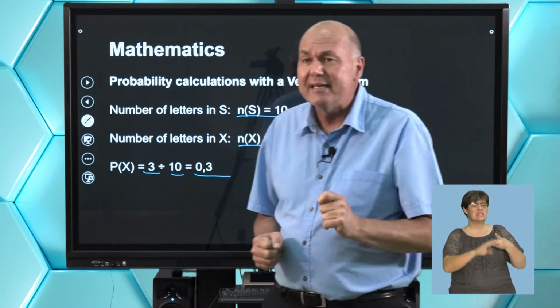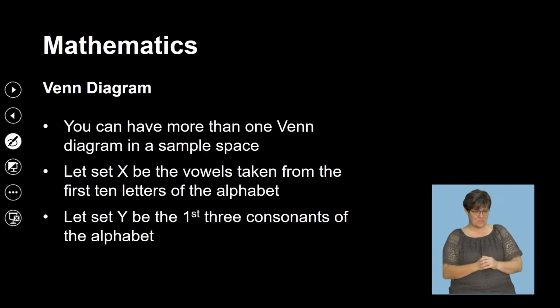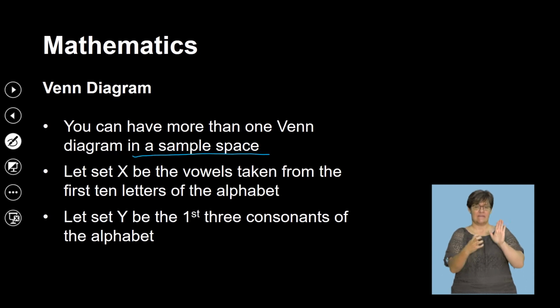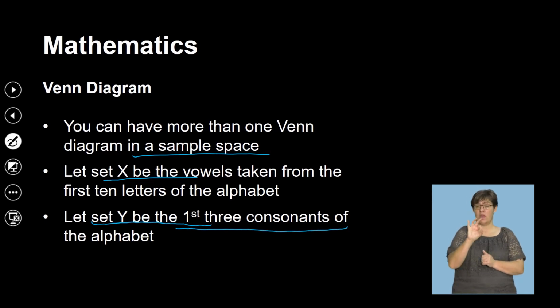So let's define a second set. Our second set will also be part of the Venn diagram, sample space. We're going to draw a Venn diagram. The first one was X. This second one we're going to represent as Y. And it's going to be the first 3 consonants of the alphabet.